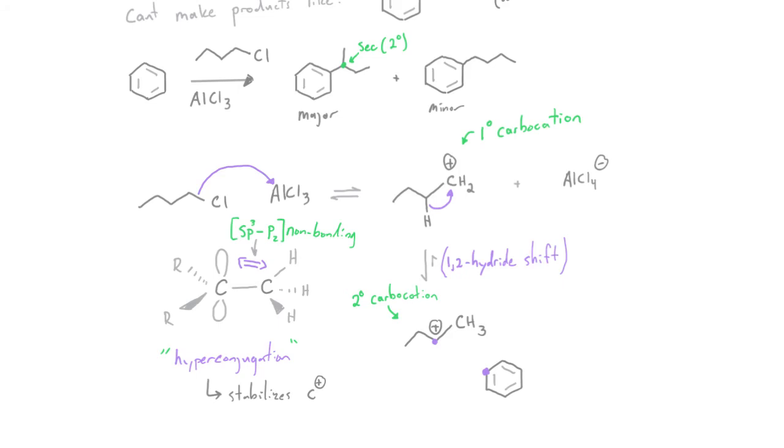I'll show you a workaround a little later in this chapter, where we can perform the Friedel-Crafts acylation followed by a reduction in order to obtain these primary alkylated products. Let's go to the next page though, and first learn what a Friedel-Crafts acylation actually is.